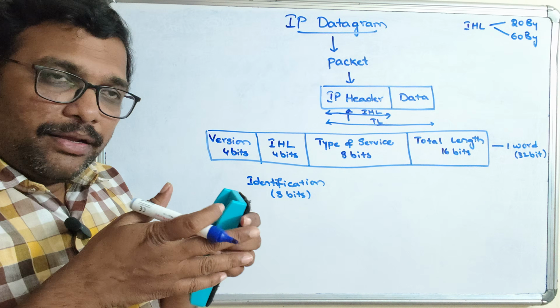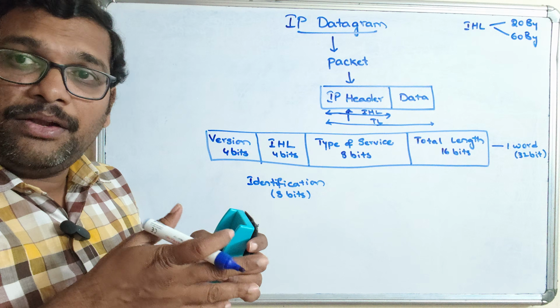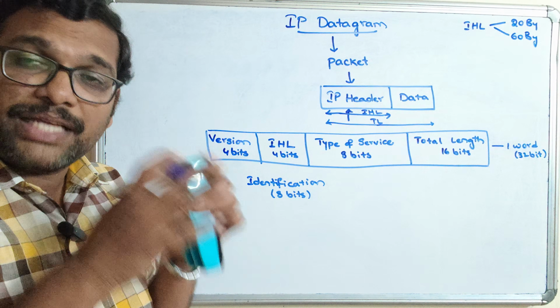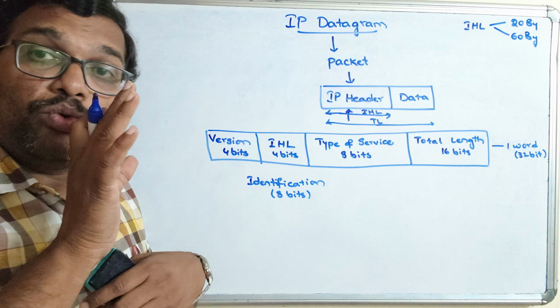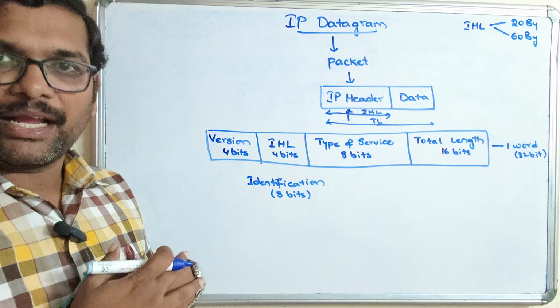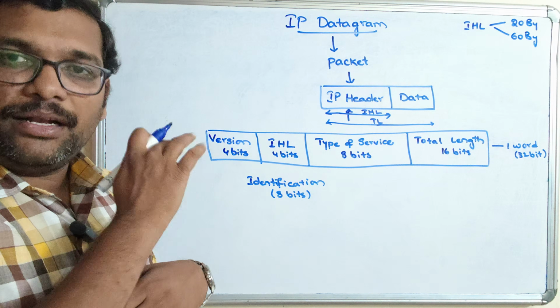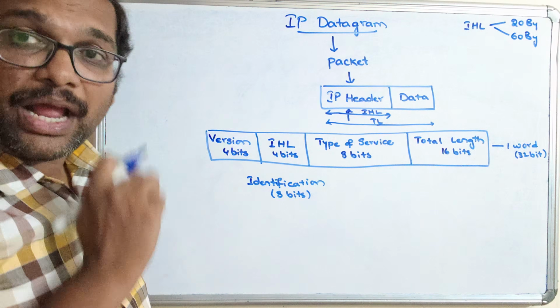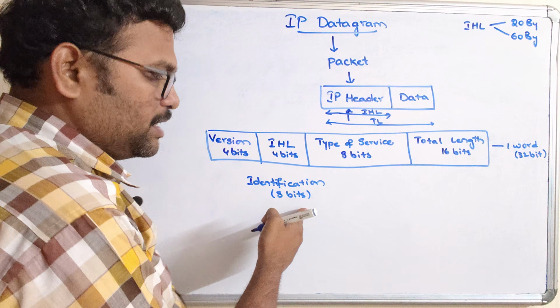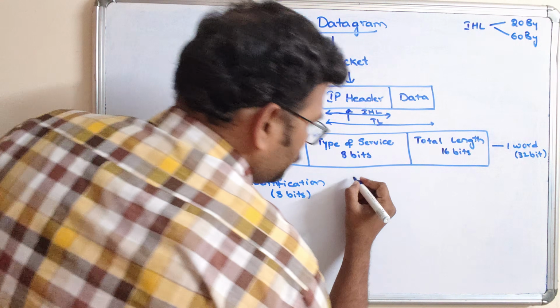Each fragment of the same packet will be having the same identification number, to identify the original IP packet to which this particular fragment belongs. So that is the identification of fragments.